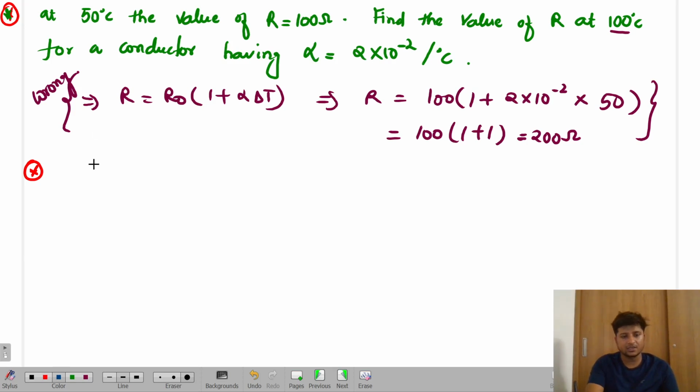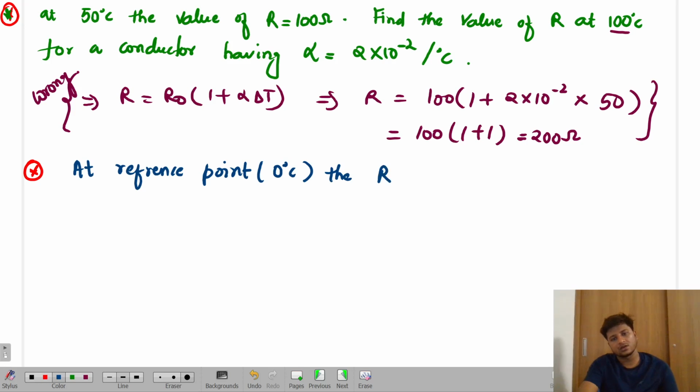Let us consider that at the reference point, which is 0 degree centigrade, the resistance is basically R naught. Are you able to get me or not?